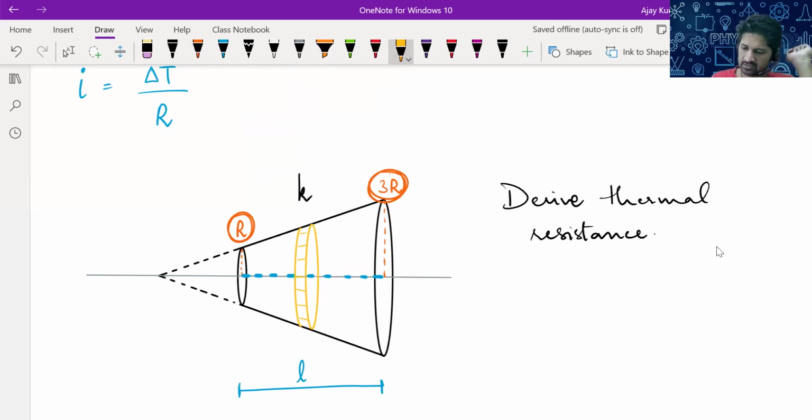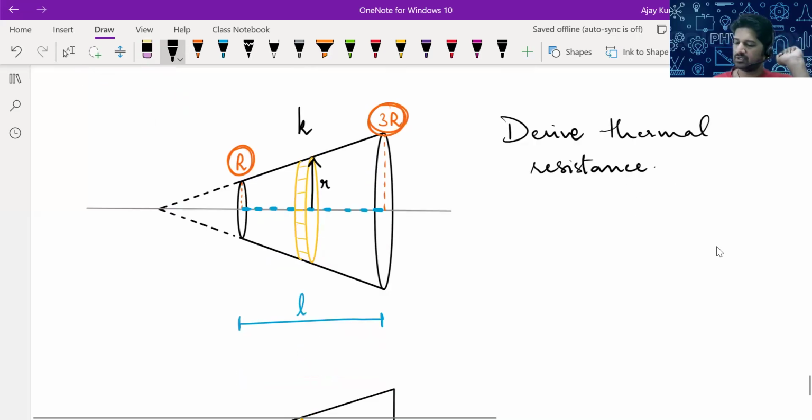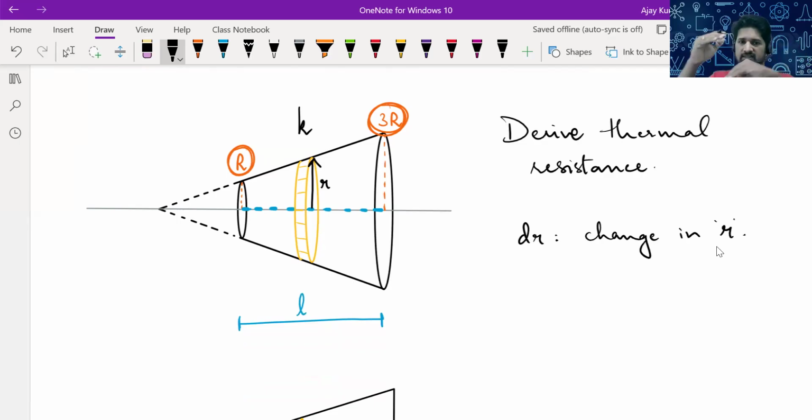So this random disk that we have considered in between, let's say its radius is small r. Assume its thickness. Now you can't call its thickness dr. Why? Because dr has a meaning. dr means change in radius, or the variation in radius. Radius is in the y direction according to this diagram, the vertical line. Thickness is in the x direction.